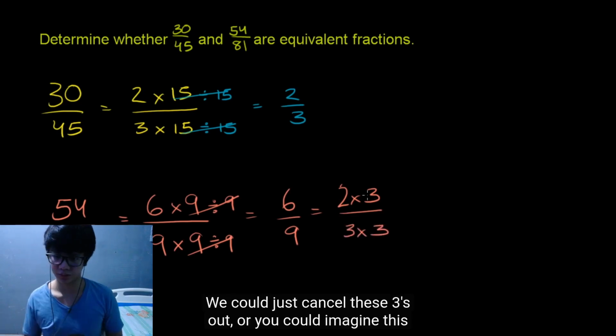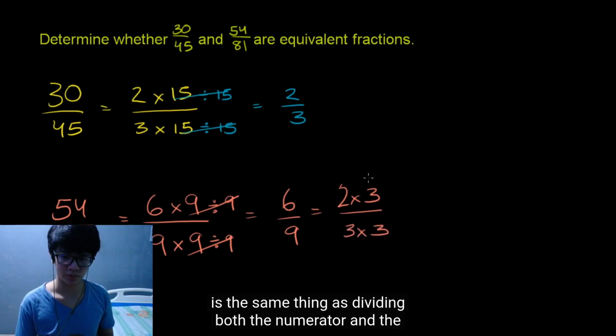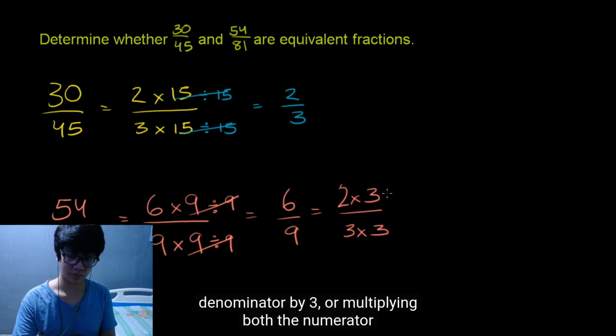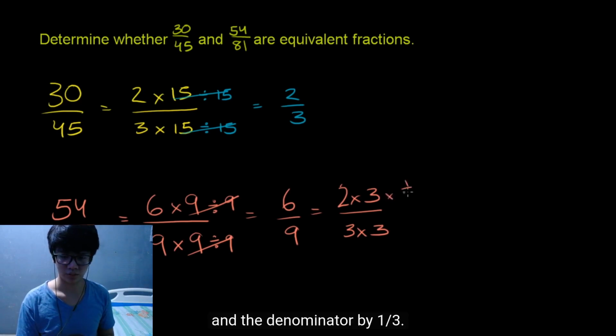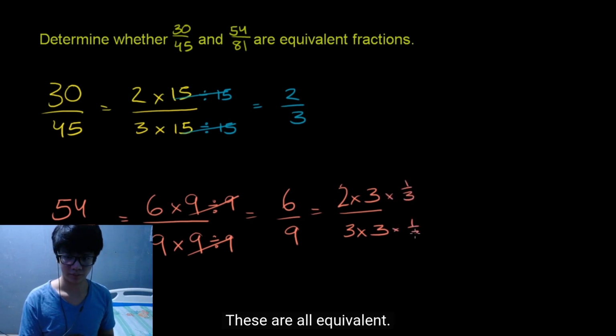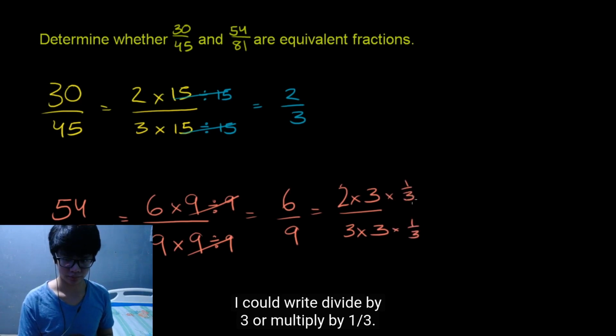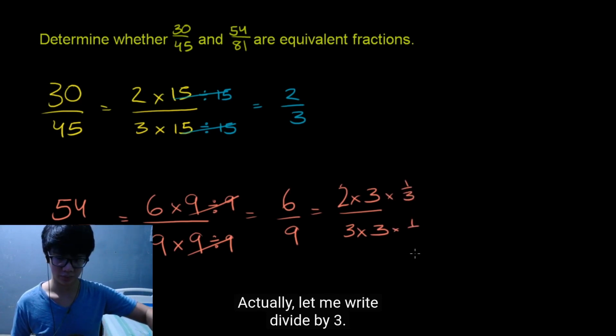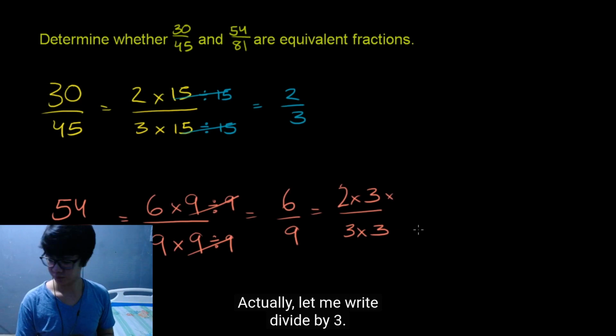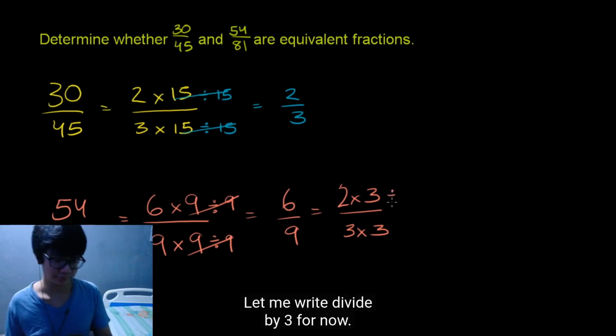We could just cancel these 3's out, or you could imagine this is the same thing as dividing both the numerator and the denominator by 3, or multiplying both by 1/3. I could write divide by 3 or multiply by 1/3. Let me write divide by 3 for now.